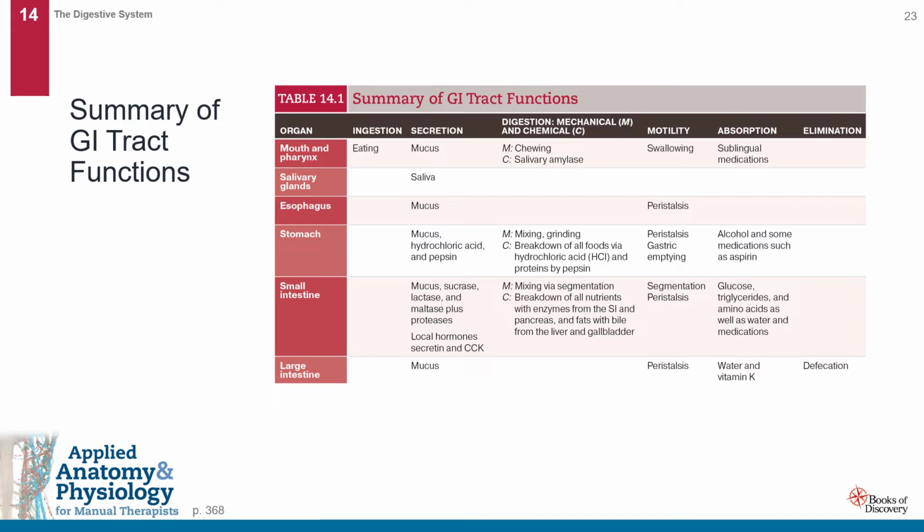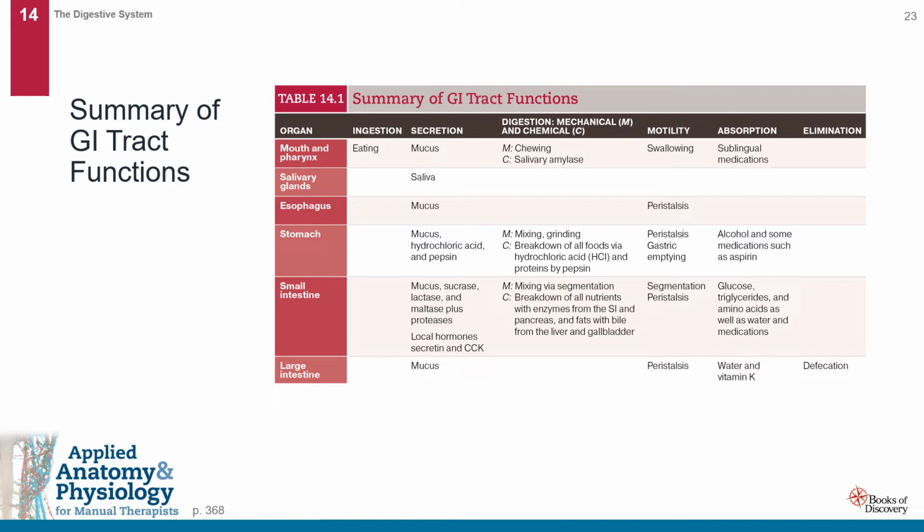The esophagus plays a role in secretion by way of mucus and in motility by way of peristalsis. The stomach plays a role in terms of secretion, digestion, motility, and absorption, but not in elimination.